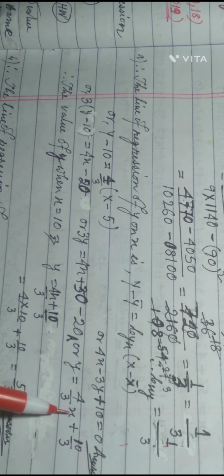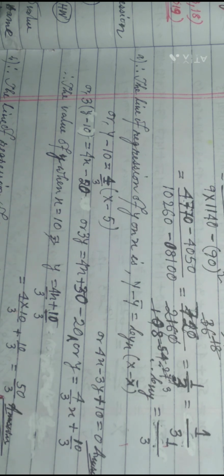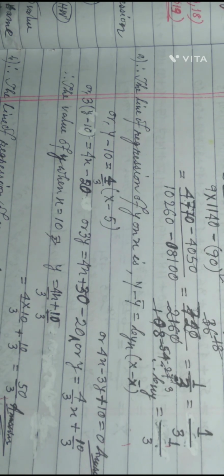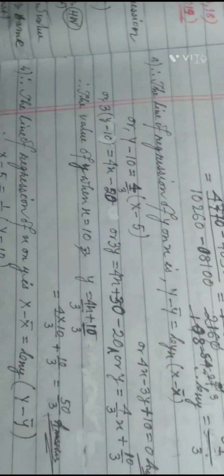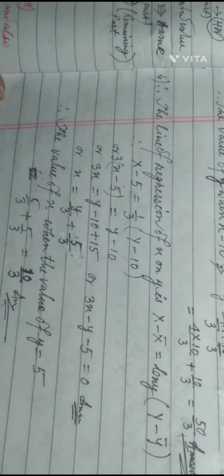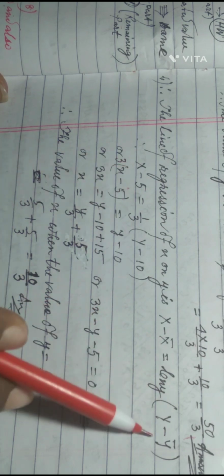And after that we have to find out the value of y when x equal to 10, and in the place of x we have to take 10, and after that y will be 50/3. That is the answer, 50/3. Clear? Next क्या बोल रहा है?